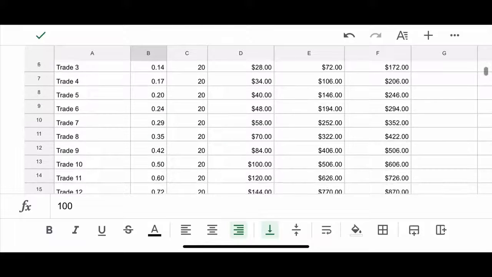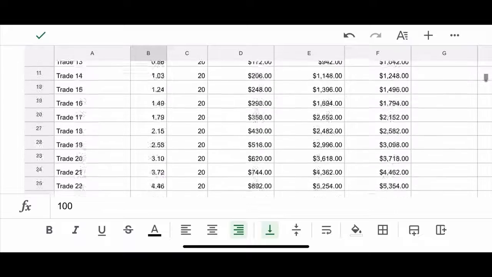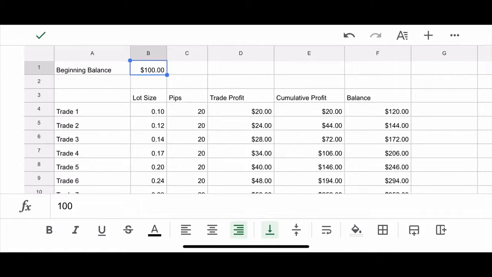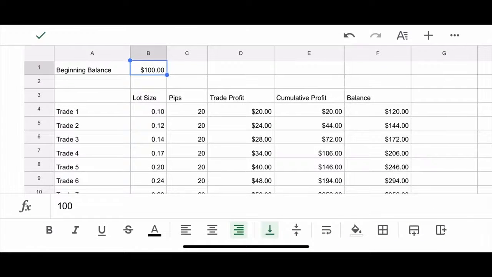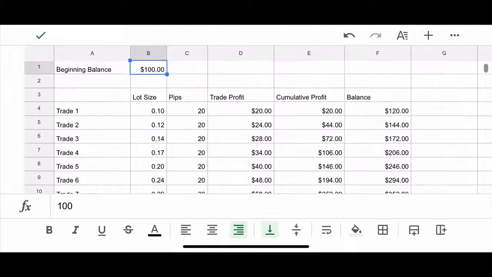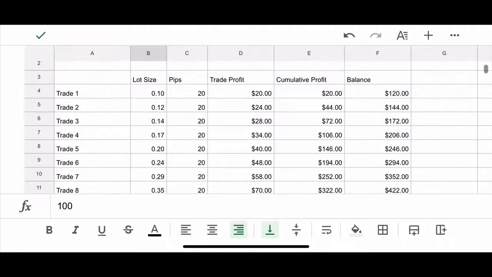So here's an example on 30 trades of how much money you could make. So let's just say $100 is your startup amount, okay? Which I think is a good startup amount for beginners. But we don't understand how powerful $100 could be when you compound 20 pips per day.